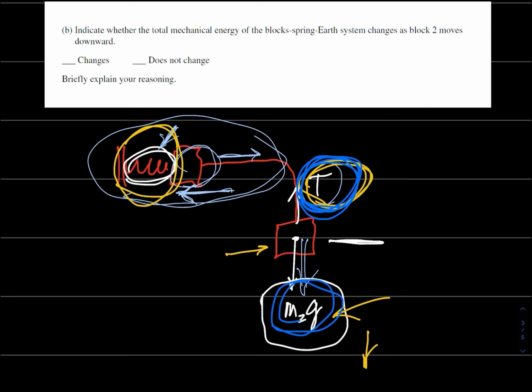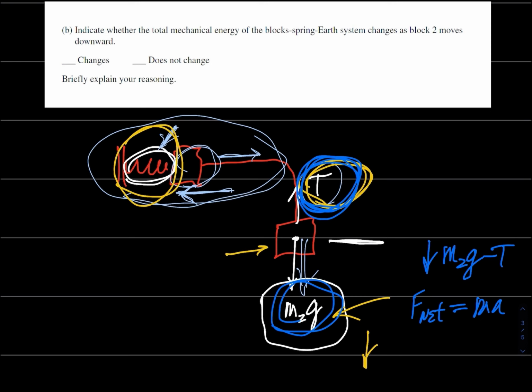So let's go to the scorer's guidelines and see what they say. They say, well, you get 1 point for relating the net force to acceleration or change in velocity. We did that. We said the net force in the downward direction is m2g minus T, and the net force is related to the acceleration.